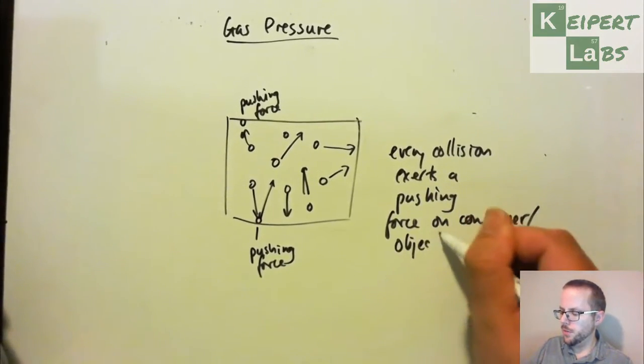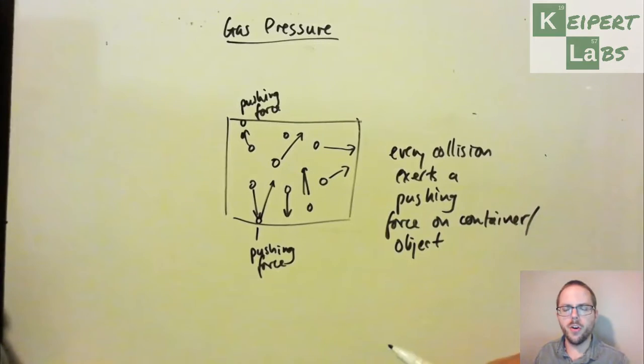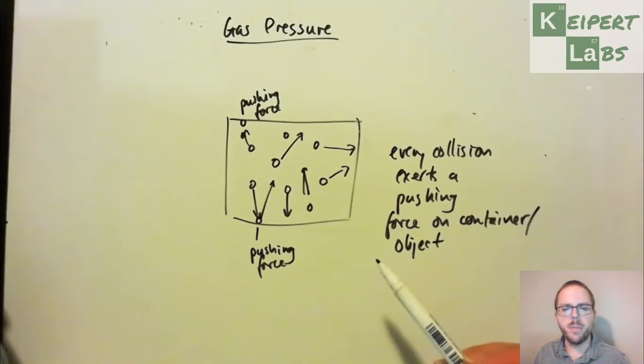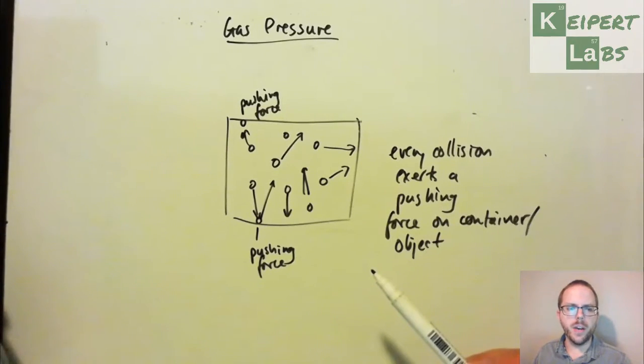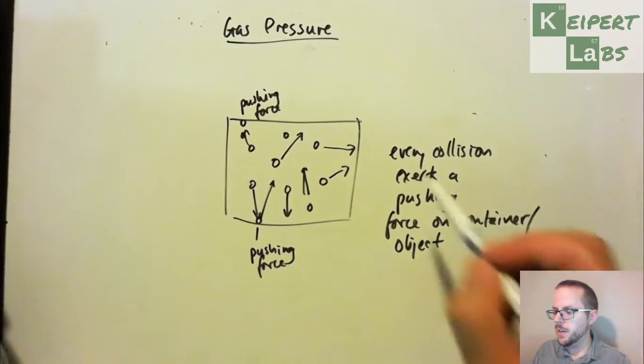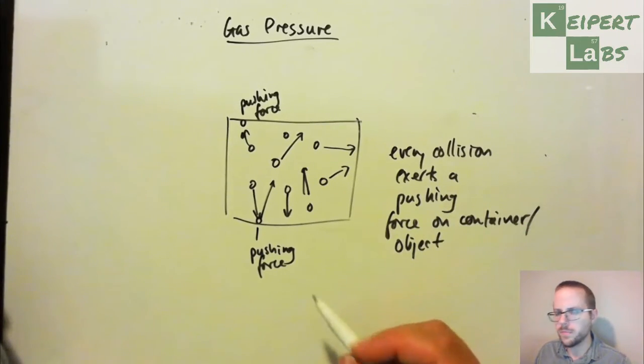Or we might generalize it to any object, because the air exerts this same pushing force on us. We don't think of ourselves as a container, but the air is exerting this pushing force on us because of the collisions of the particles with it.